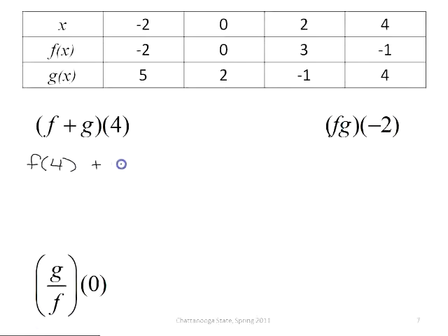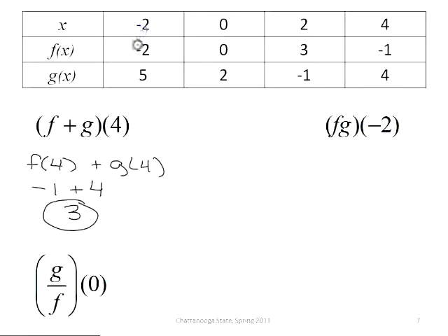So f plus g of 4, I can find that by doing f of 4 plus g of 4. So when x is 4, the function f has a value of -1. And when x is 4, the function g has a value of 4. So -1 plus 4 would be 3.